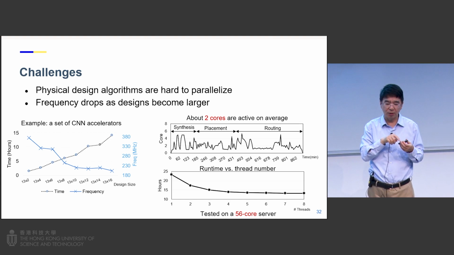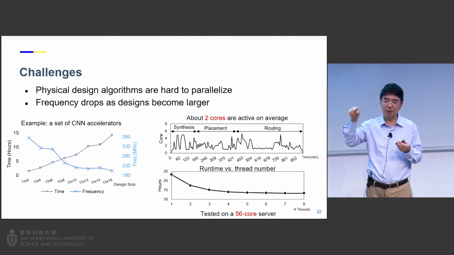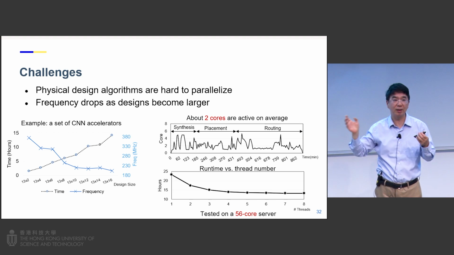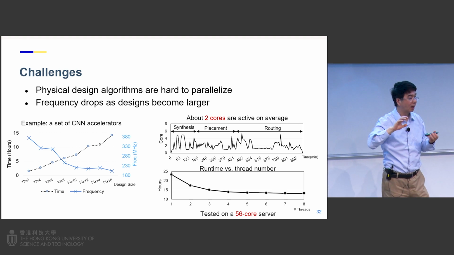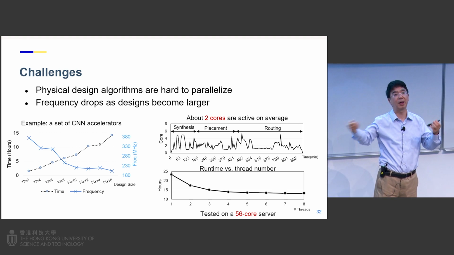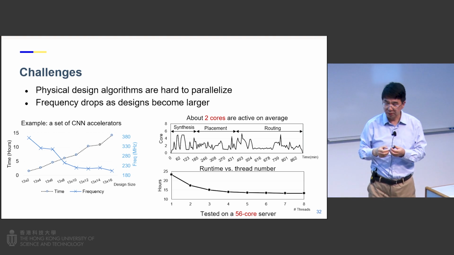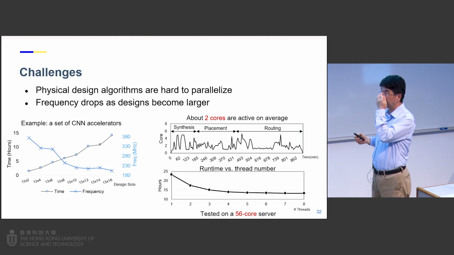But the critical paths can go from 1 to 6 to 7, to 8, and to 12. So if you optimize each region independently, you have no idea what's going on in other regions. And as you shorten this path, some other path becomes longer. So you cannot separate that and optimize independently.